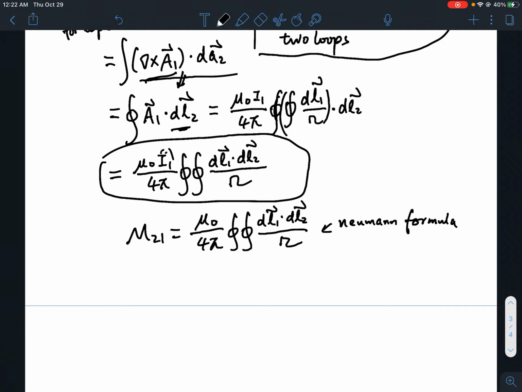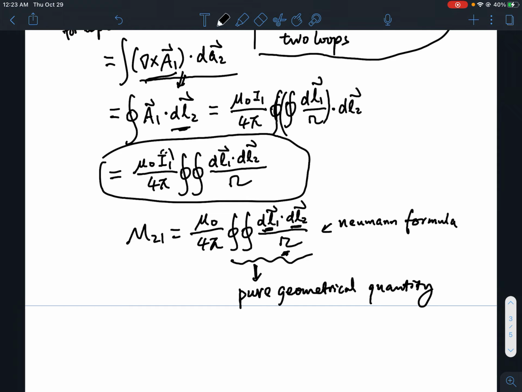If you look at this formula, you will see that these are purely geometrical quantities, because dl1, dl2, and this separation vector just depend on the geometries of these two loops. It doesn't depend on whatever current is running in these two loops.